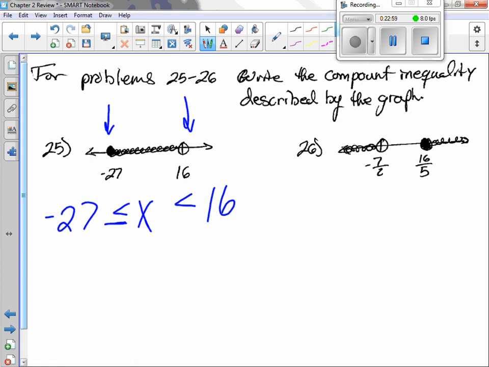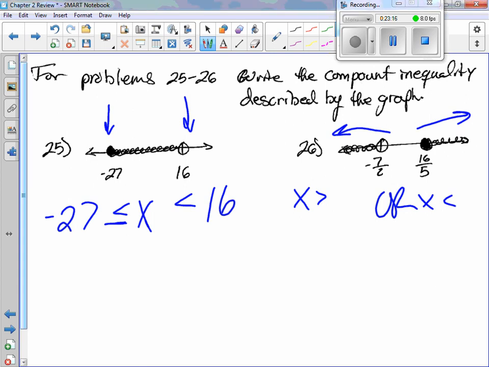Now 26 is 2 different ones because I have one shading to the left and one shading to the right. So this is really our OR compound inequality. We're going to have 2 statements, one where x is greater and one where x is less than. So what is x greater than? 16/5 because it's shading to the right.